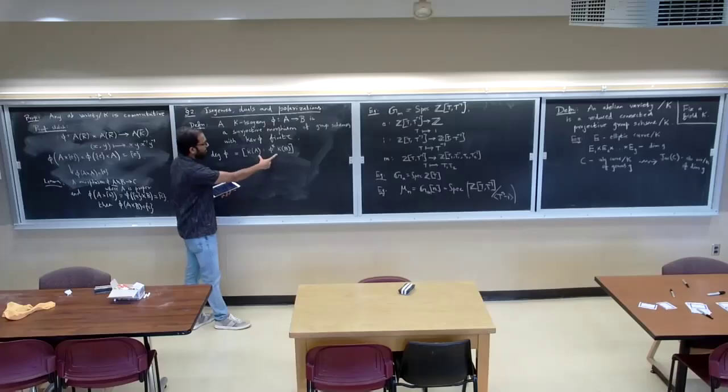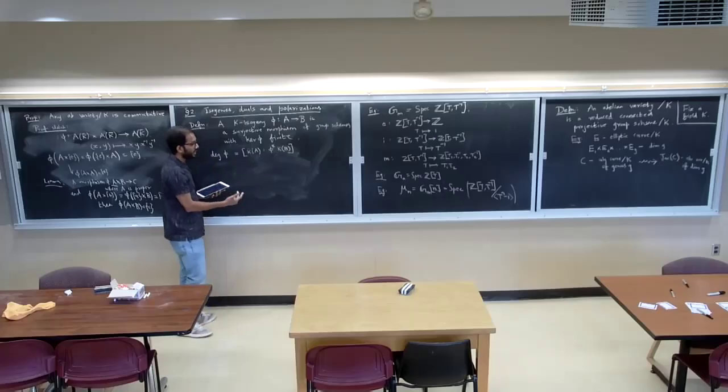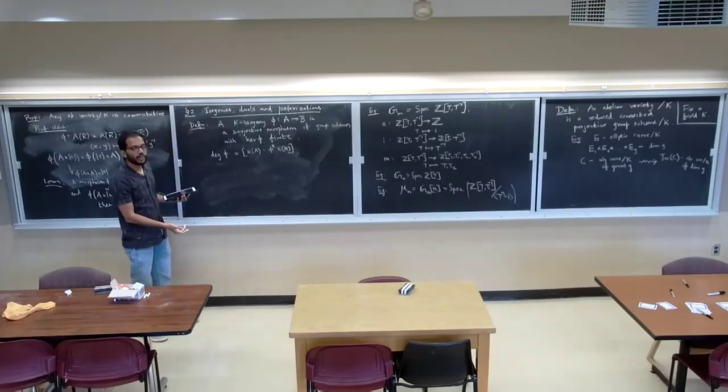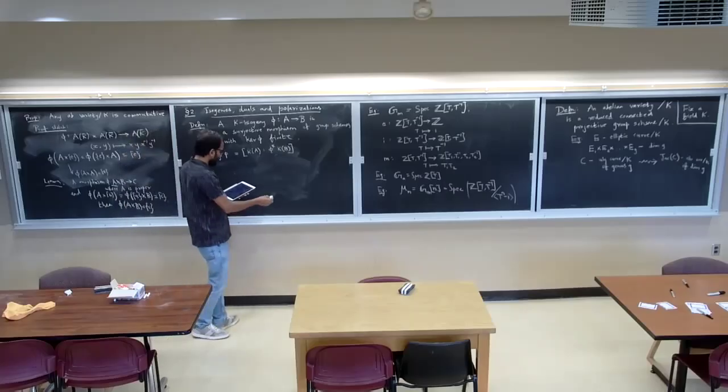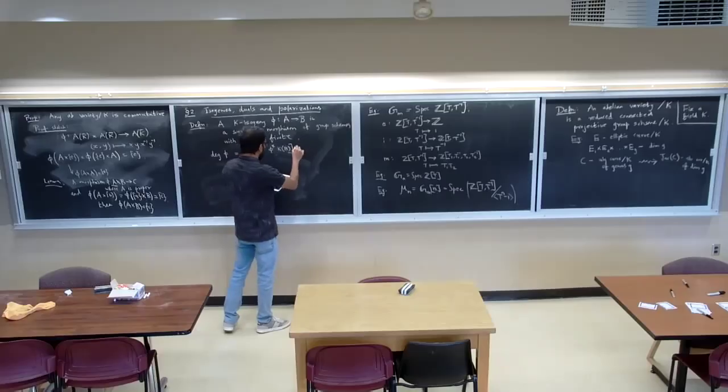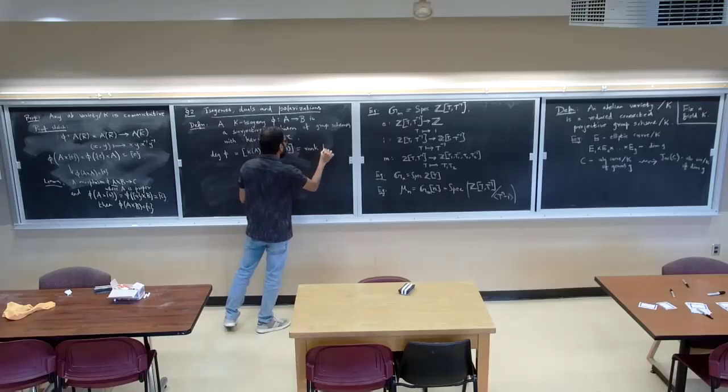Now, this extension need not always be separable. When the field has characteristic 0, this is separable, but otherwise this need not always be separable. Okay. So if it is separable, then we can also say that this is exactly... So in any case, this is equal to the rank of the kernel of phi as a group scheme.